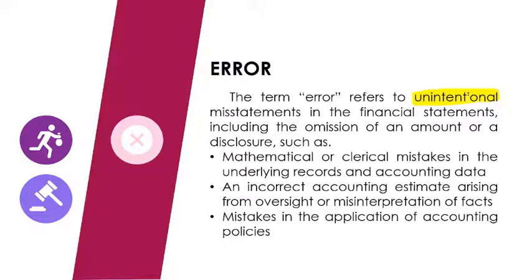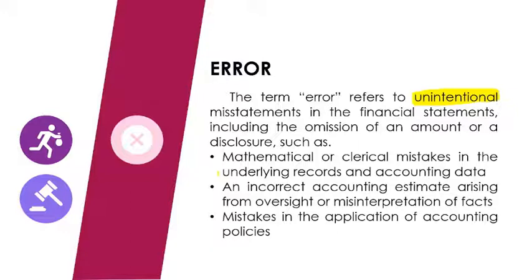So that includes omission of an amount or a disclosure, such as mathematical or clerical mistakes in the underlying data records of accounting data, an incorrect accounting estimate arising from oversight or misinterpretation of facts, or mistakes in the application of accounting policies.